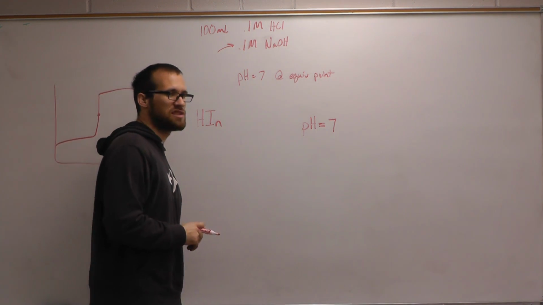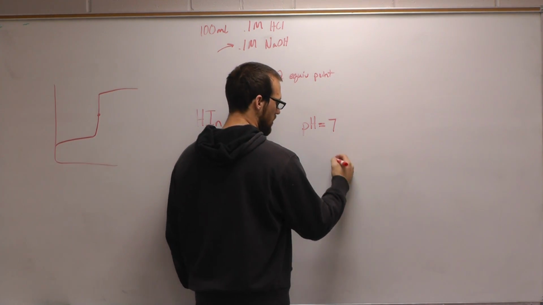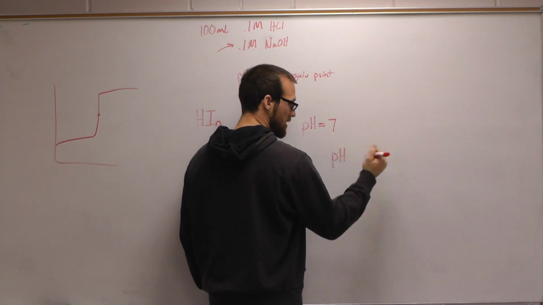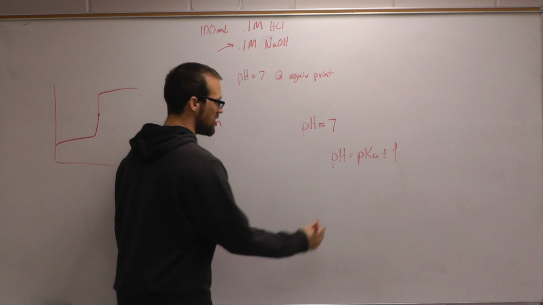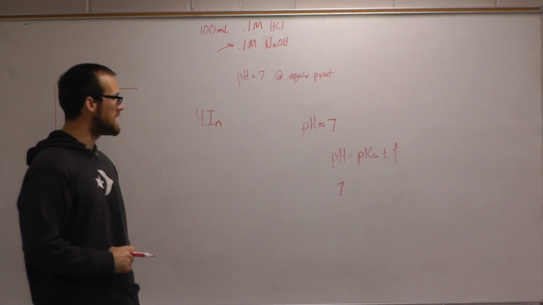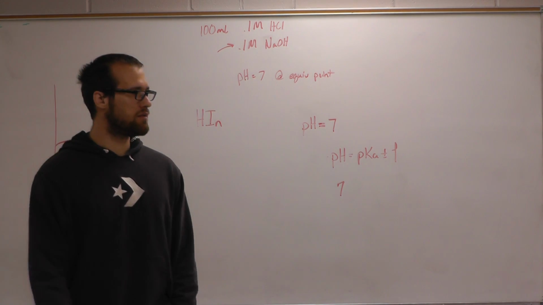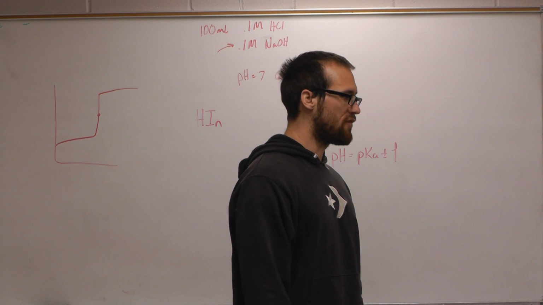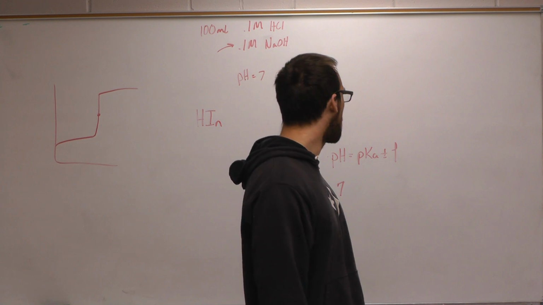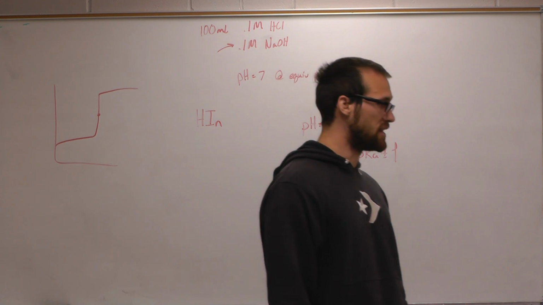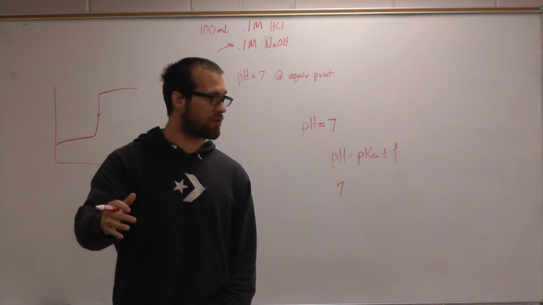But if I want to actually see a color change right at the equivalence point, I'm going to want a pKa of 7. Yeah, you're right. If I know my equivalence point is at 7, I want my pKa to be 8. If I'm in the basic form, my pKa would still be 8, but my color change would be at 6 or 8, depending upon whether I am going from the acid form or going from the basic form.